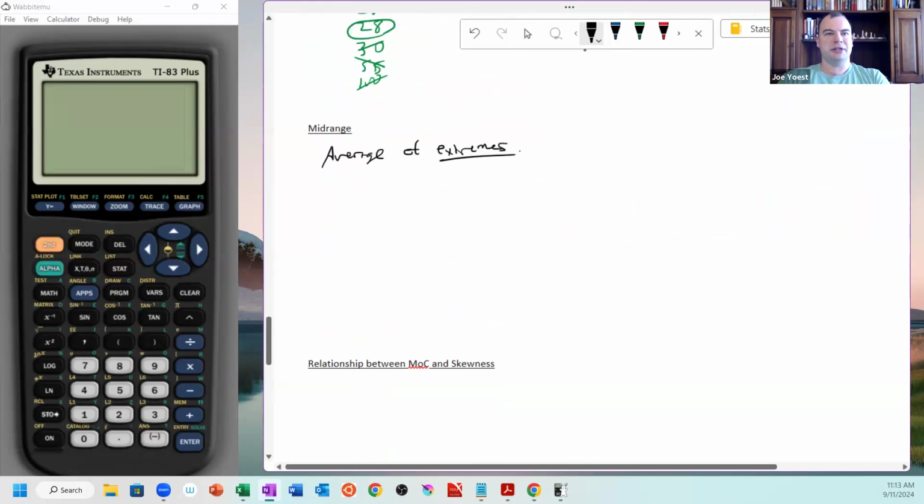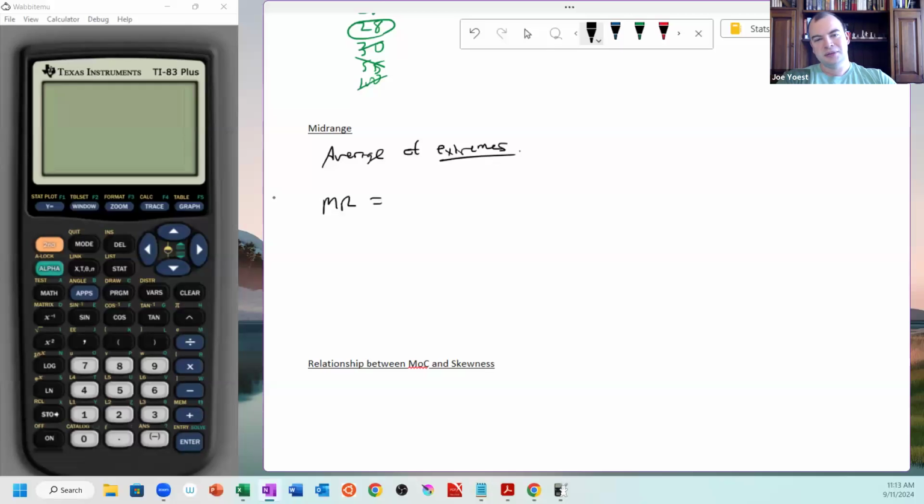The mid-range averages the extremes. The mid-range doesn't get a special notation, just MR. It's x1 plus xn over 2, provided that we're ordered properly, or it's x min plus x max. It's the minimum data value plus the maximum data value over 2.